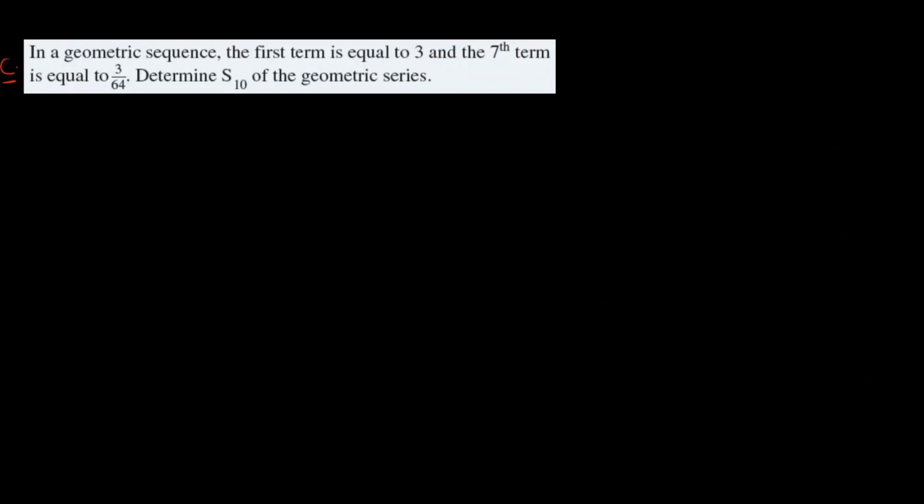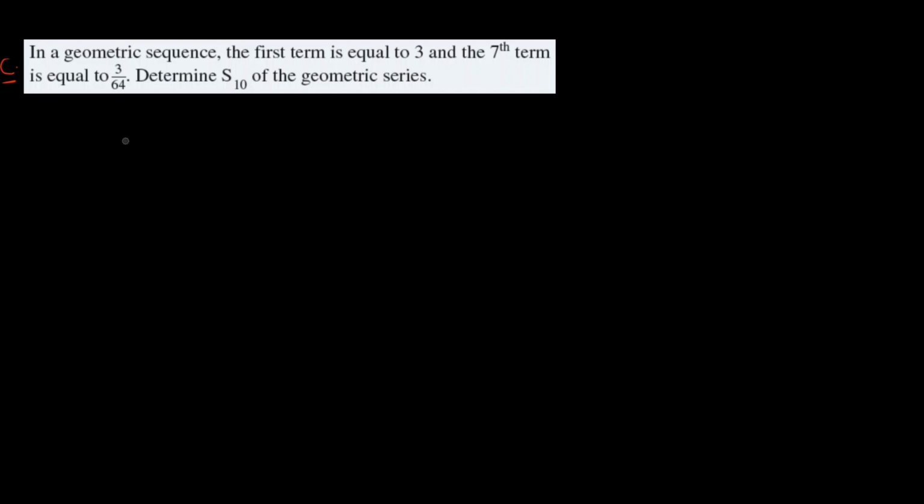So we can move on to the next question. Now we're given the geometric sequence, but it was meant to be series, and the first term is equal to 3, so we know that our a value will be equal to 3, and the seventh term is equal to 3 over 64. We're asked to determine what the sum of 10 terms is.